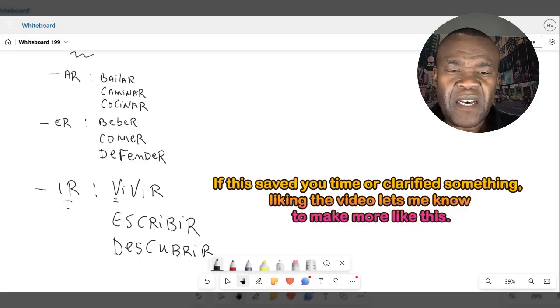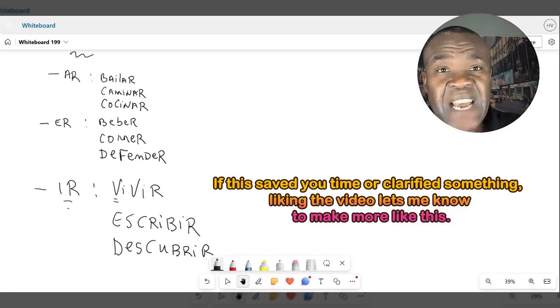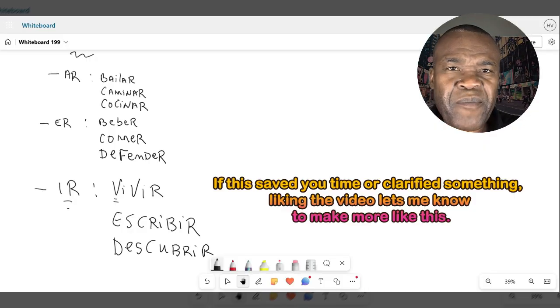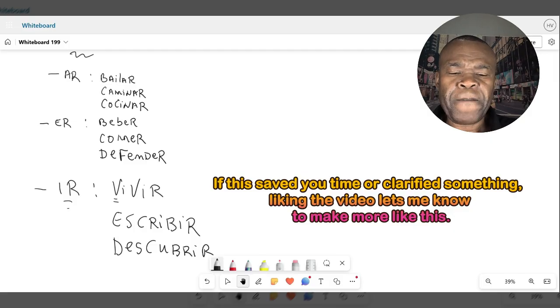Okay? So, when you use a verb incorrectly, you can slightly change the meaning of a sentence, or you can collapse the whole meaning by accident because you use the verb incorrectly. So, therefore, verbs are very important in Spanish.